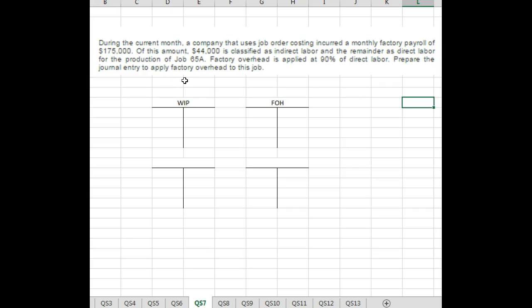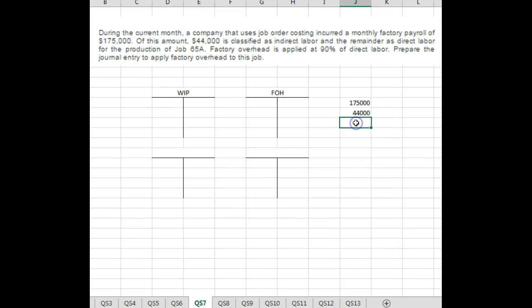Well, first of all, you got to figure out how much that is. So we have 175 in overall labor, but 44 of that is actually indirect. And the difference between that is, I don't know. That's why we have spreadsheets, right? So the difference is 131,000.